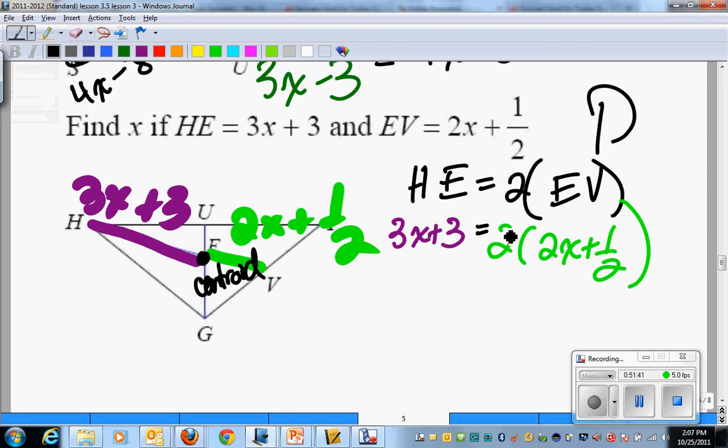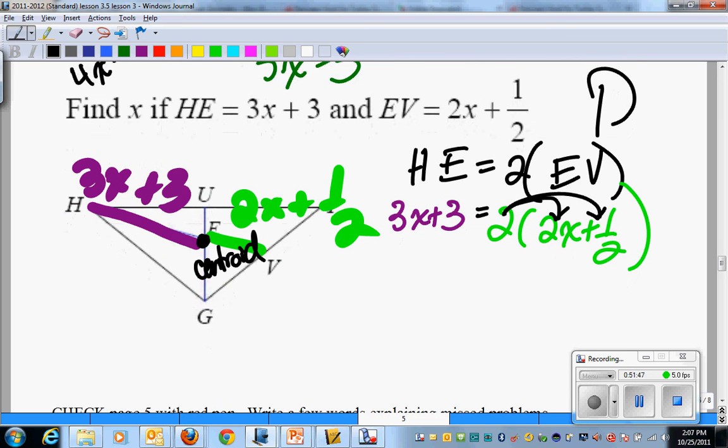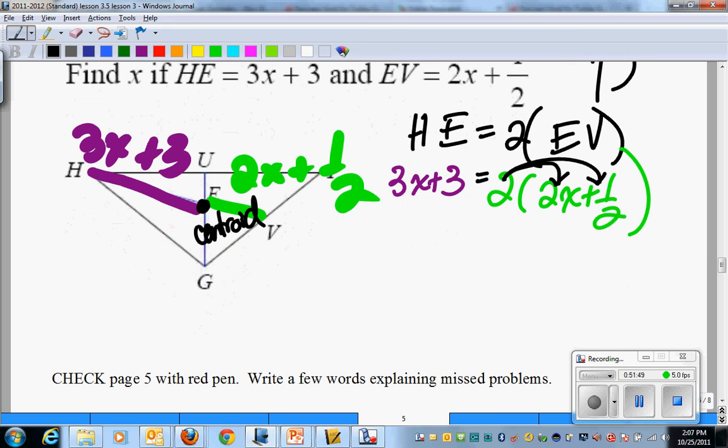Okay. So, Blair, distribute. What's your next line going to read? 3x plus 3 equals 4x plus 1. Nice. So, you can take it from there. How do you get 4x plus 4? I got 7x equals 4.